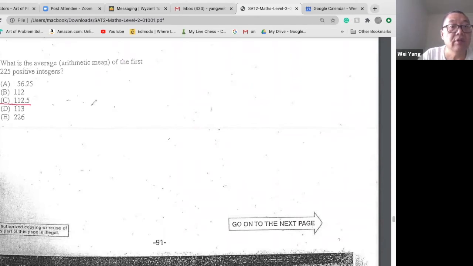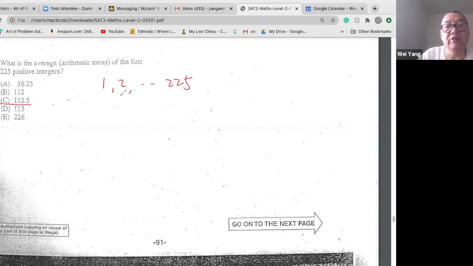What is the average arithmetic mean of the first 225 positive integers? So that's from 1 to 225, right? What is the average of the first 225 positive integers?